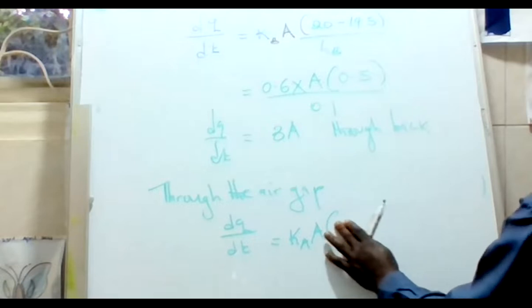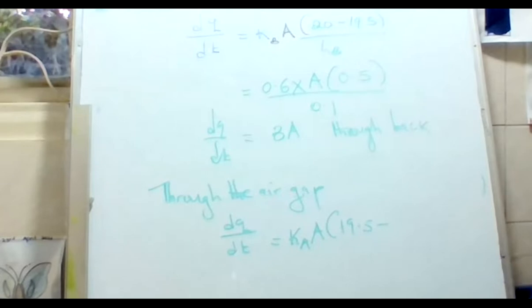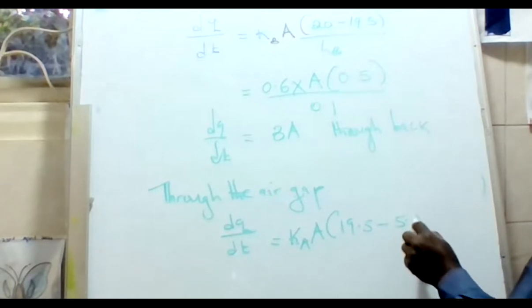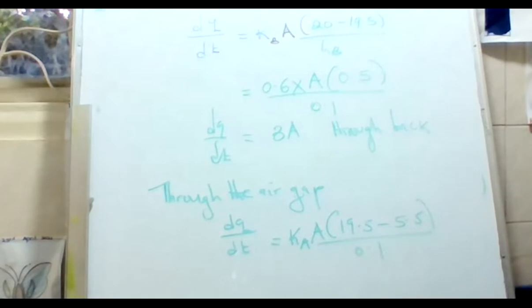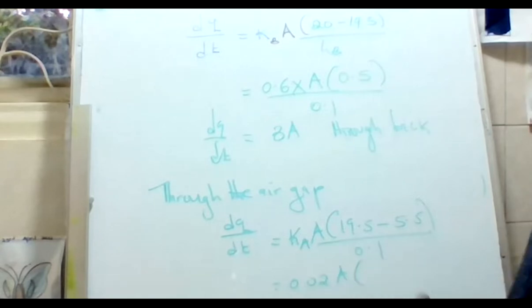Here it began from 19.5 and then it went to 5.5, with thickness 0.1. This is going to be equal to 0.02 times A into bracket, 19.5 minus 5.5, which is 14, divided by 0.1. So our answer here is going to be equal to 2.8 A.